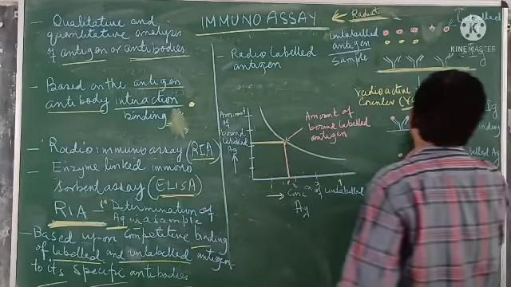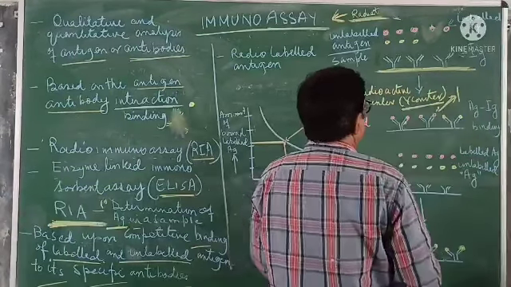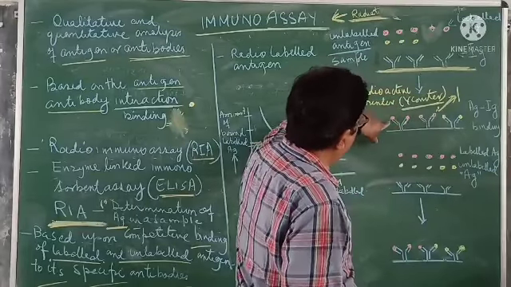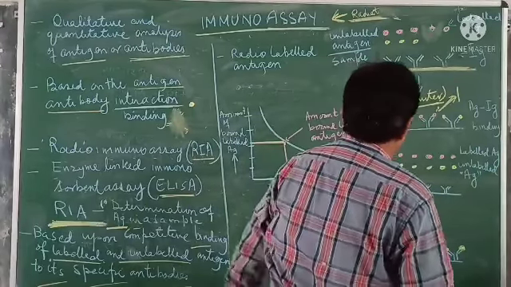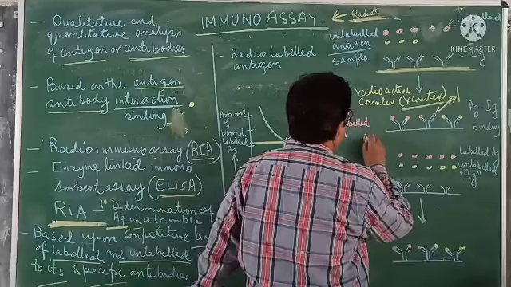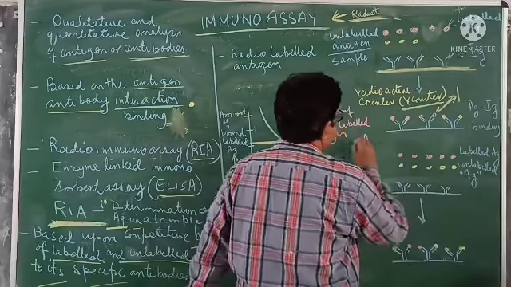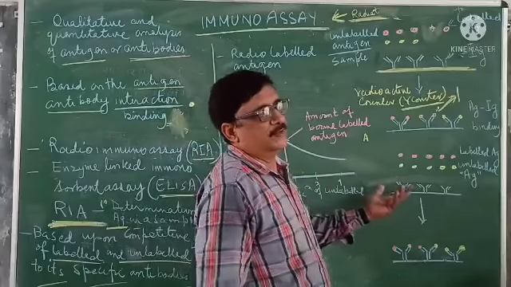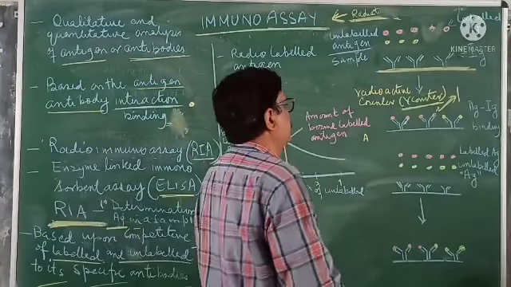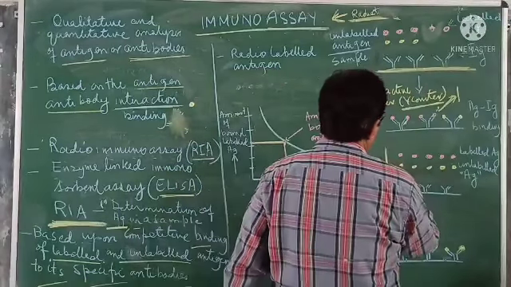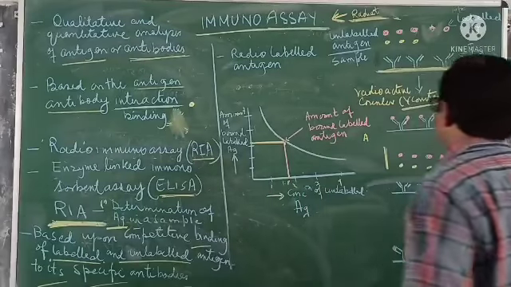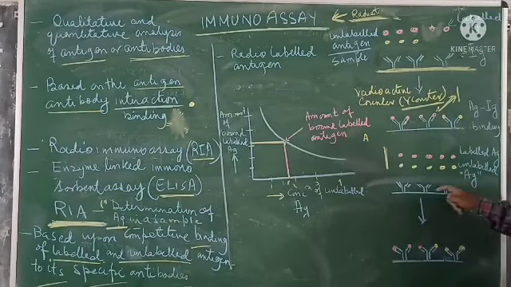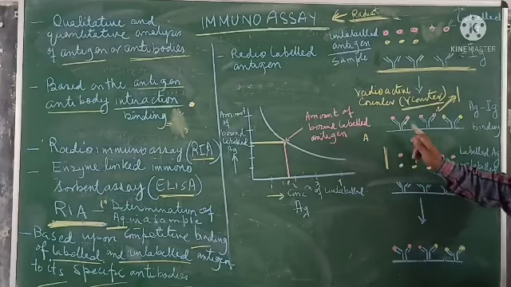Suppose the concentration of these labeled antigens which are bound with their specific antibodies is A. In the next experiment, suppose we take equal amounts of labeled and unlabeled antigen, and the amount of antibodies is fixed.